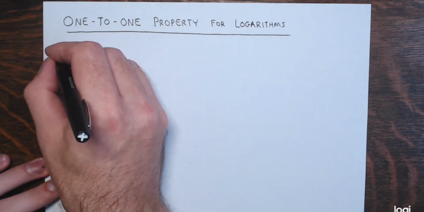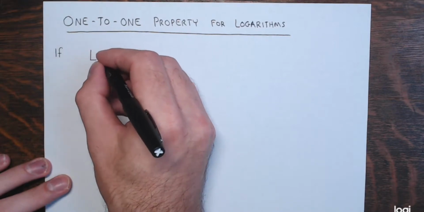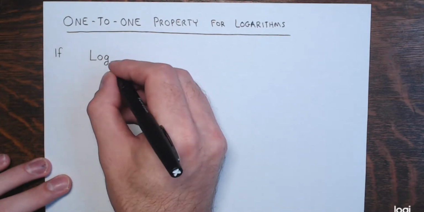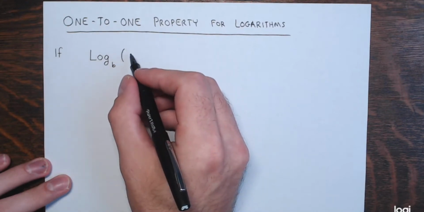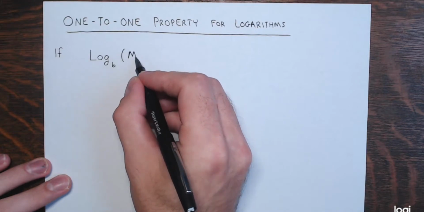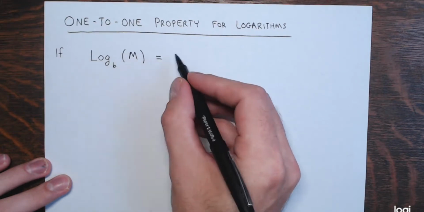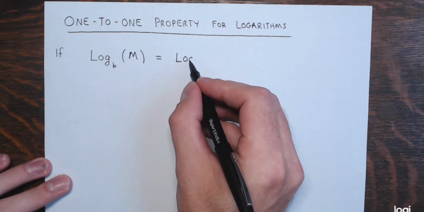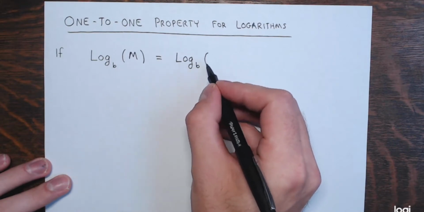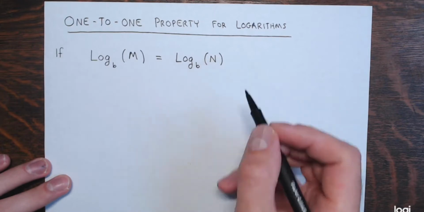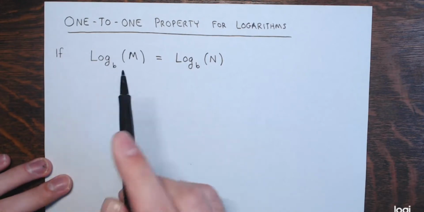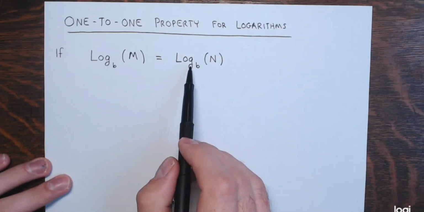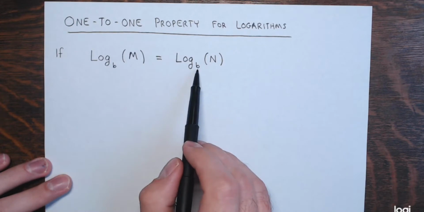If the logarithm base b of, say, m is equal to the logarithm base b of n. Okay, so if you can get an equation to look like this, both sides are a single logarithm with the same base. See how both have base b.